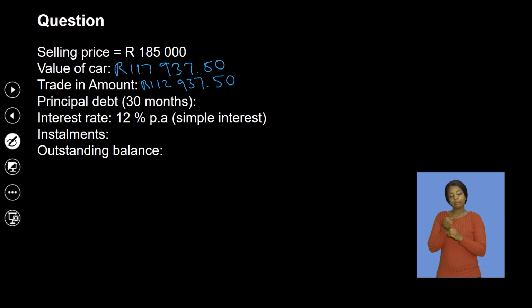And then the principal debt for 30 months means that it's going to be the trade-in amount, which I will just call P, into 1 plus i multiplied by n, which is 2.5 there, right? So that will be the principal debt.